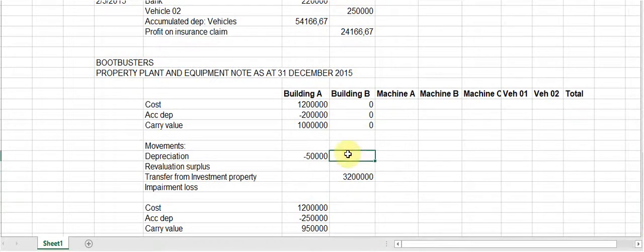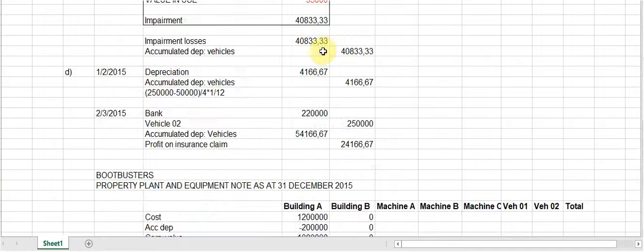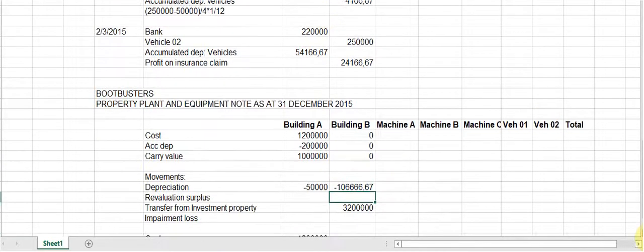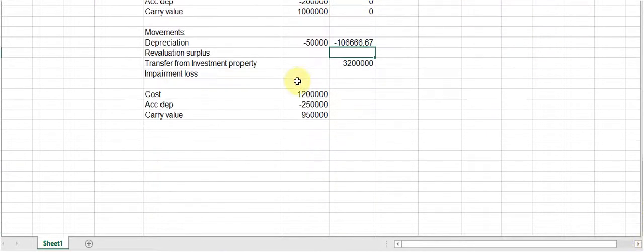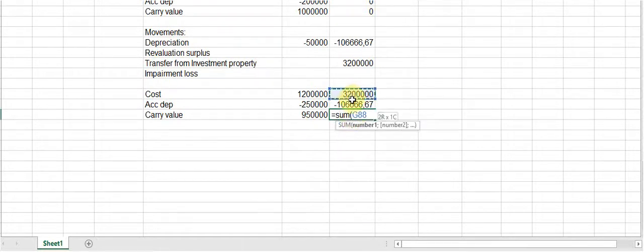And then we recognized some depreciation on it. So I just go back and find the depreciation on it. And there we go. It didn't have anything else happen to it, so the cost price will be the transfer price, and the accumulated depreciation will be the only depreciation we've measured so far, which is the current year depreciation. And the carry value will, of course, be the difference between the two. Then we have machine A.